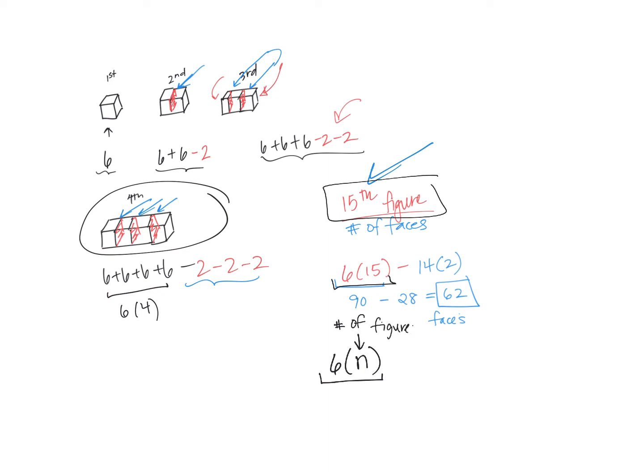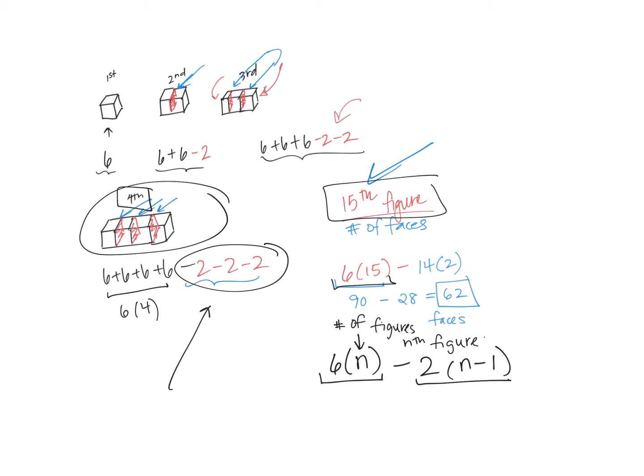So this would be the nth figure. But then I have to take off all the overlapping, and that's 2 faces for anything that touches each other, and it will be 1 less. Looking back at our smaller, simpler cases, we had 3 2s to take off when we were on the 4th term. When we were on the 3rd term, we only had 2 to take off, and so on.